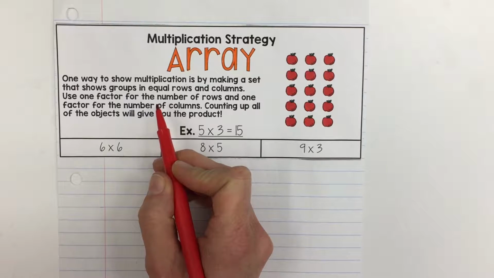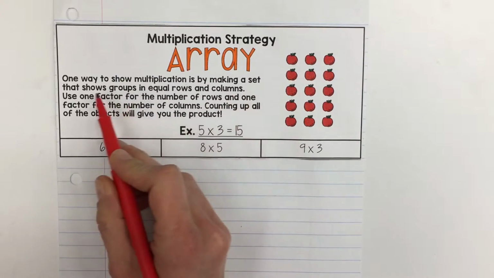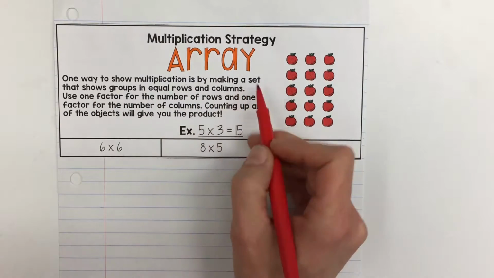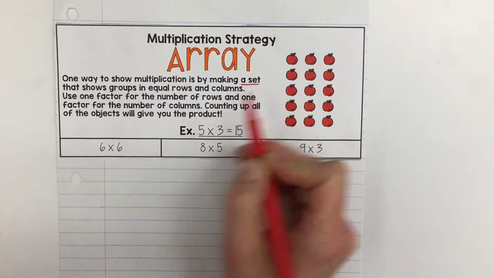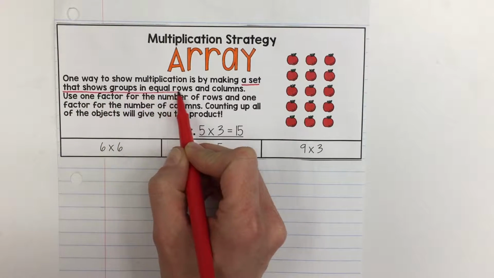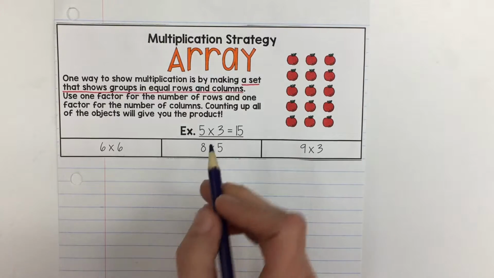And I'd like to just go back in here, and you can too with your colored pencil, and just mark this part. One way to show multiplication is by making a set that shows groups in equal rows and columns. Okay, and then in my examples, I'm going to use two colors, blue and teal.